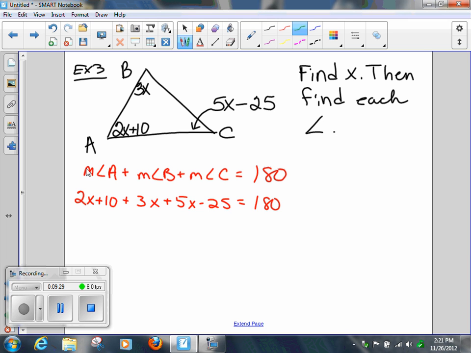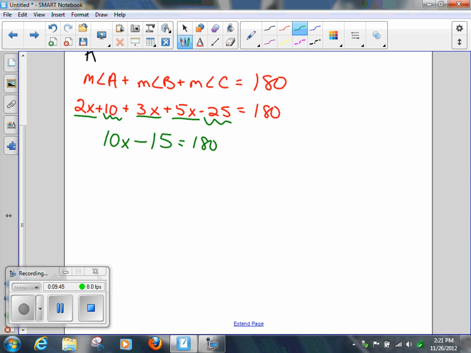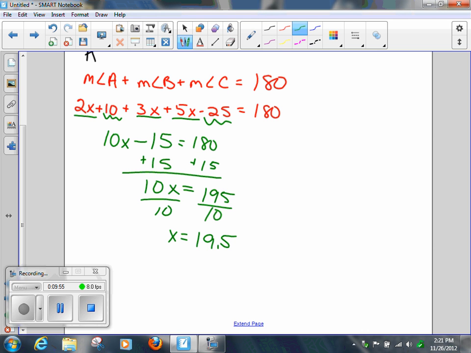Which are? All right, which gives me what? And 10 minus 25 is? That's right. And then what? 10x equals 195, oh man, 195 divided by 10. How many of y'all got 19.5?